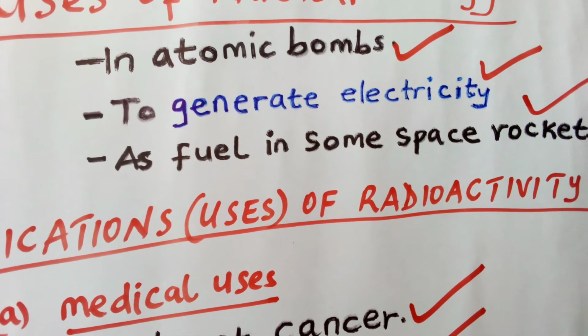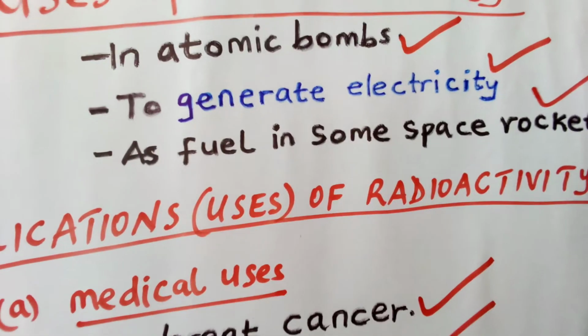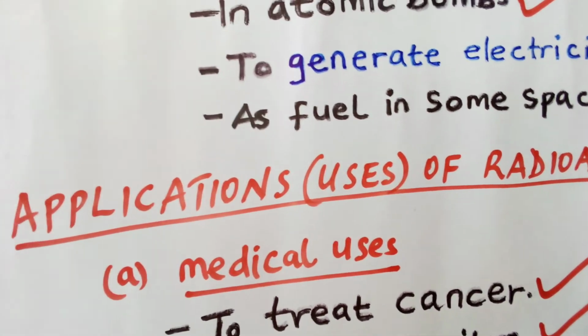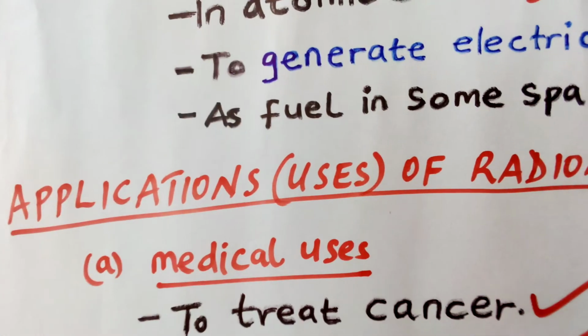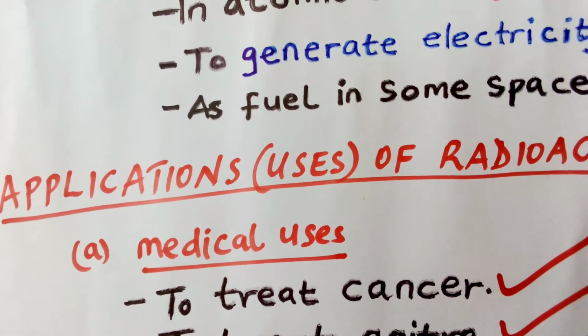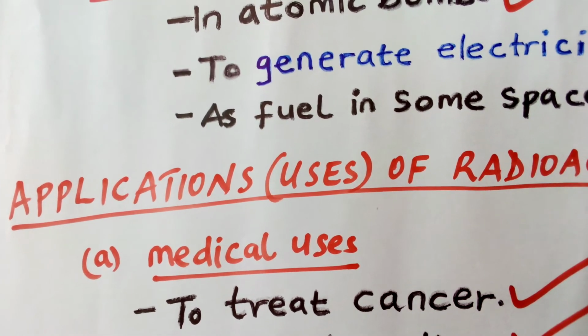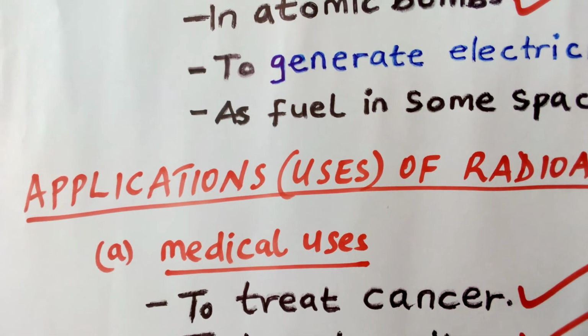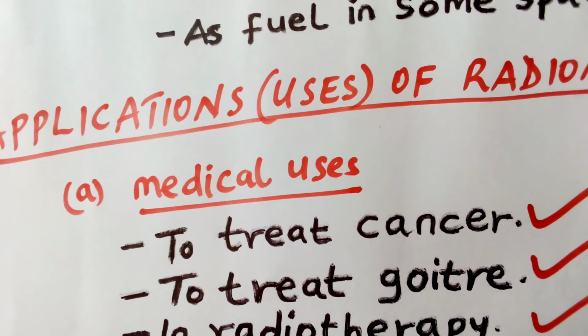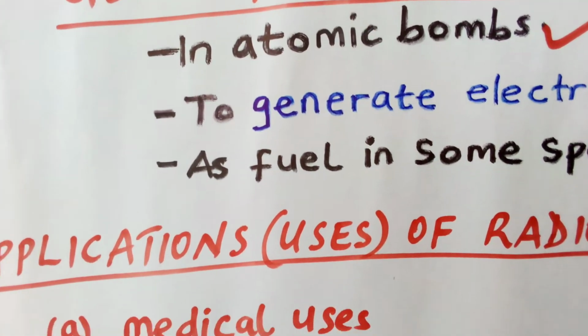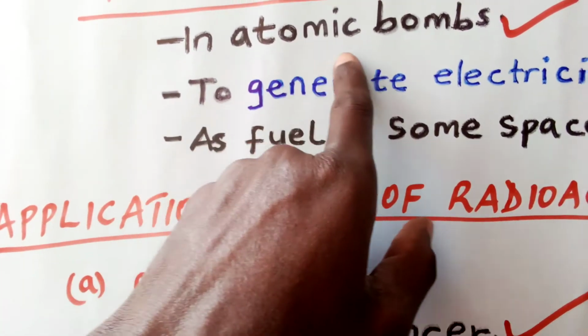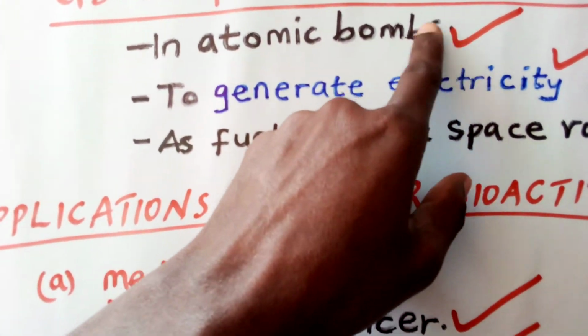Now, this nuclear energy can be used in daily life. Where do we use nuclear energy? The energy which is produced as a result of fusion and radioactive decay, we can make the best use of this energy. Where do we use them? One, that energy can be used in producing atomic bombs.